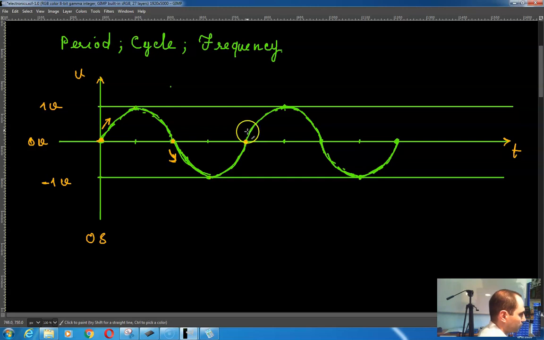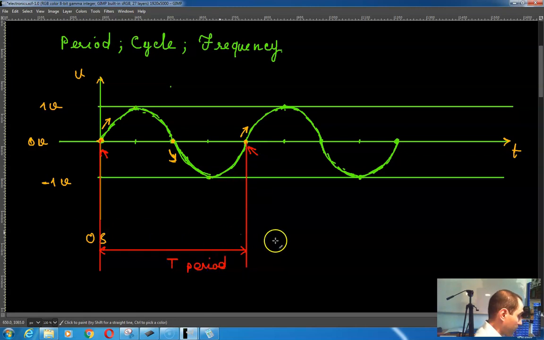Over here again you can see that your AC wave is increasing. So if you pay attention to these two points, at this point your AC wave is at output 0, and over here your AC wave is at output 0. At this point it is increasing, and again at this point it is increasing. So this time interval from this point in time all the way up to this point in time is called the period of your AC wave.